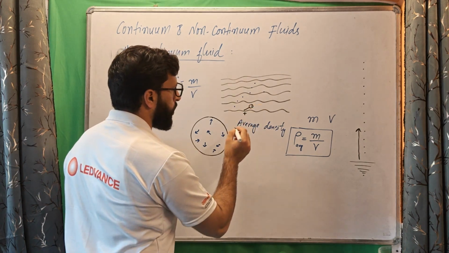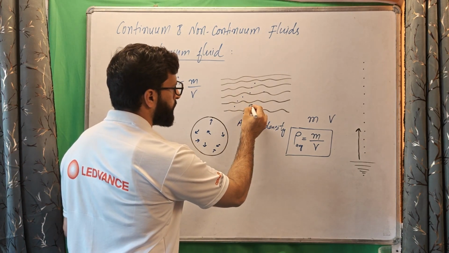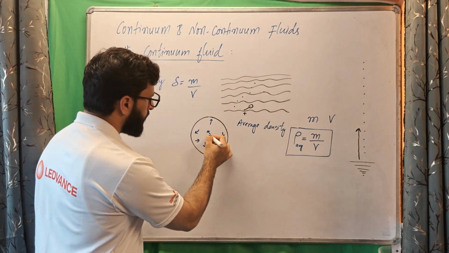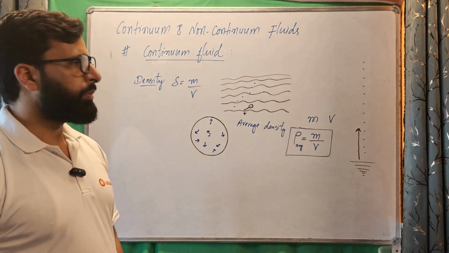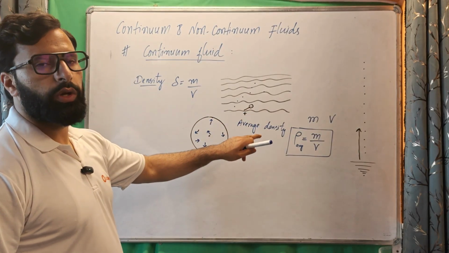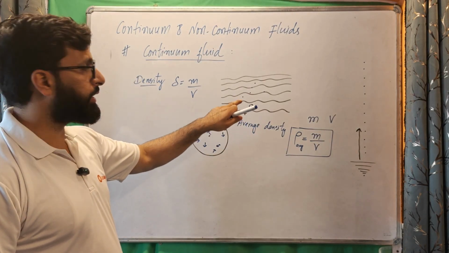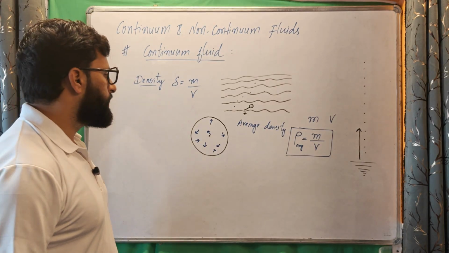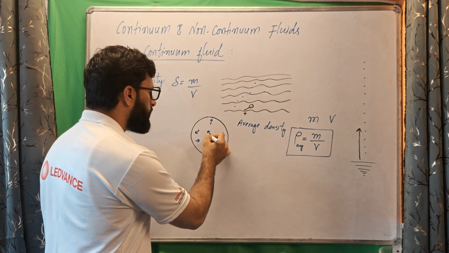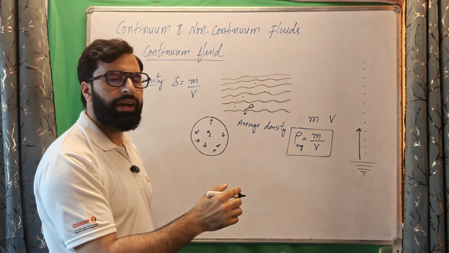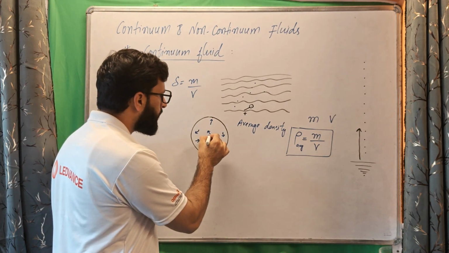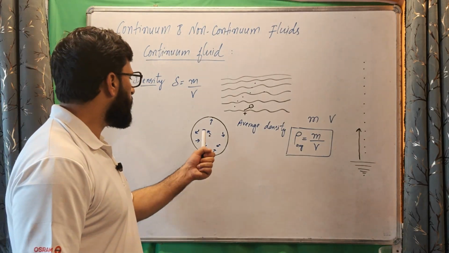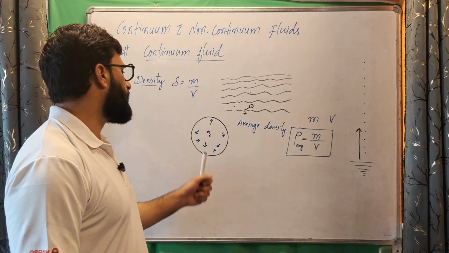we wanted to know the density at this very point, which is at the center of this circle. Now the first problem, if we want to find density at this exact geometrical point in the fluid, is that since these particles are continuously in random motion, at one moment a fluid particle will be at this point, and at the next moment it will not be present at that point.